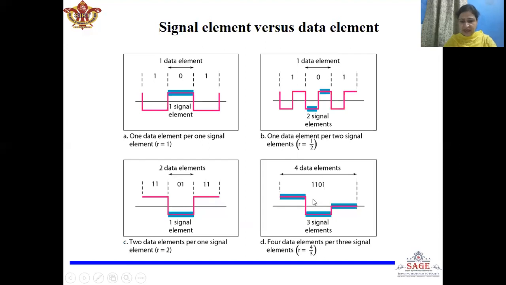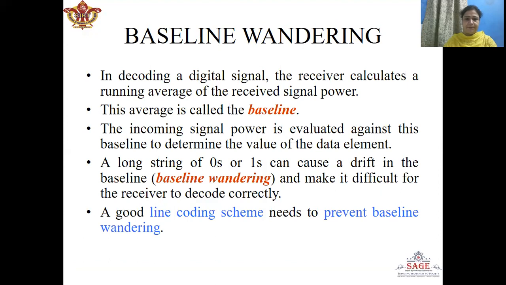Now in the last example, we can see that there is a data element 1101 which consists of 4 bits. So there are 4 data elements. Now this information 1101 is represented by 3 voltage levels, that is high to low to 0. So in this case, there are 4 data elements per 3 signal elements. So small r is given as 4 by 3.